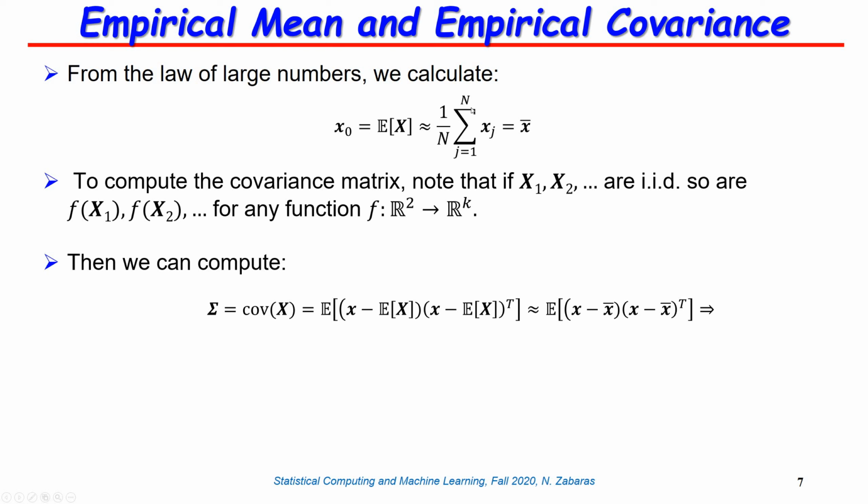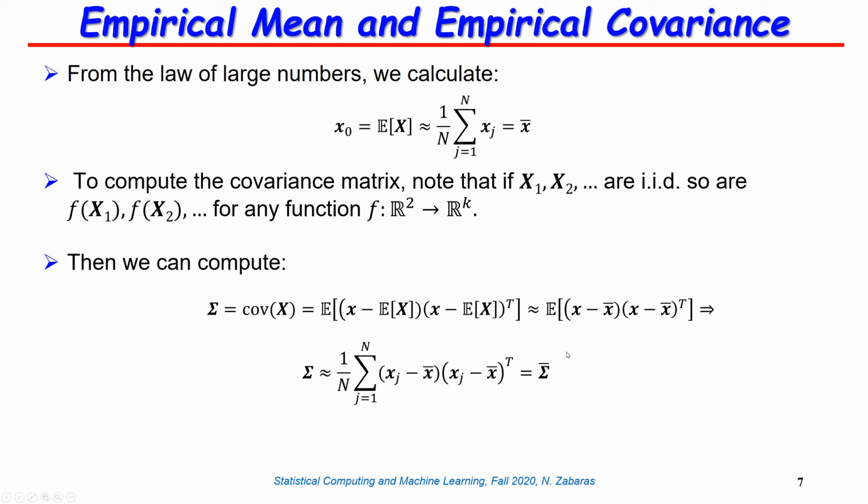I require that my samples are IID, but if I take functions of my samples, f of x1 and f of x2 and f of x3 for any function, those samples will also be IID. So effectively, this expression within the expectation, you can approximate with a sample mean, and you see the expression written exactly here, following exactly the law of large numbers.